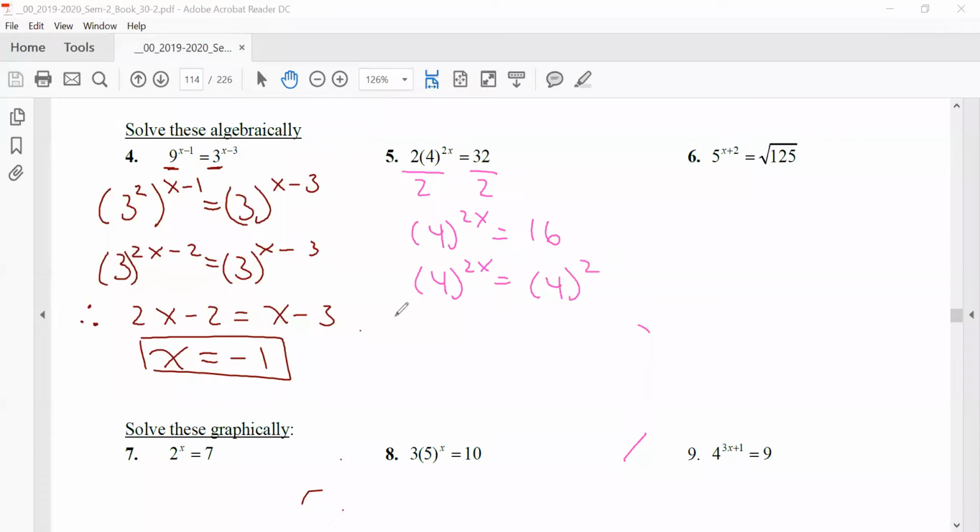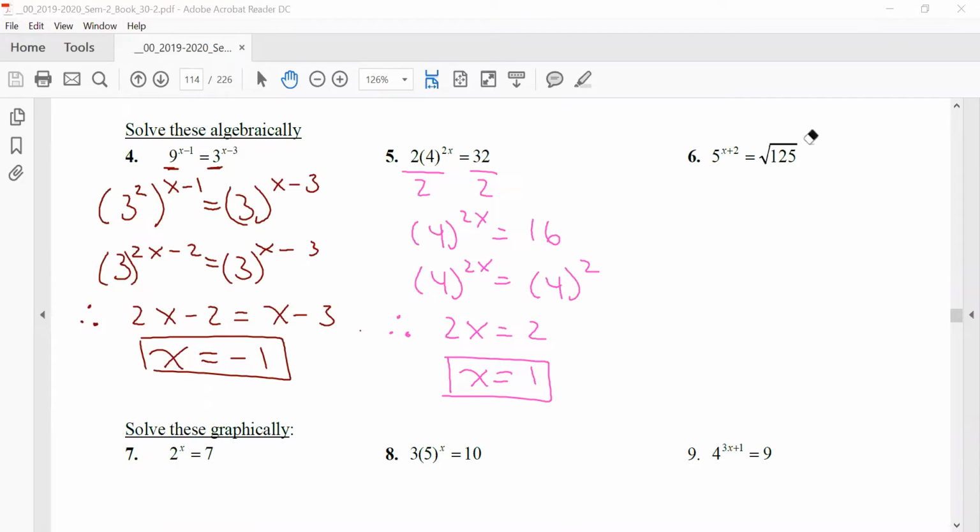Okay, bases are the same, therefore exponents are equal, and it's solvable. So the key thing that I want you to take away from that is if there's a coefficient, you can't multiply coefficients and bases together. And again, that wouldn't be a bad time to go and graph that thing and to check my work.